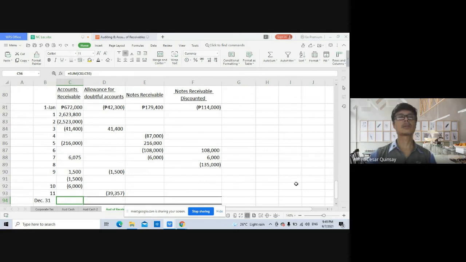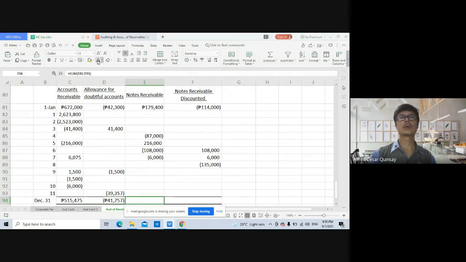Okay, now after considering those adjustments, we can now proceed with the totals of the balances for accounts receivable. That would be 515,475. Allowance ending balance, adjusted balance is 41,757.